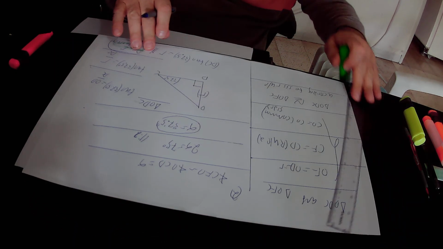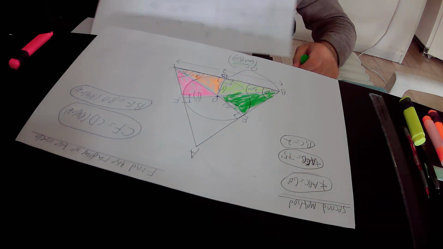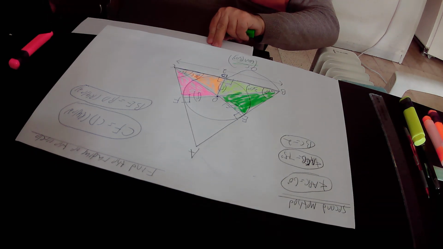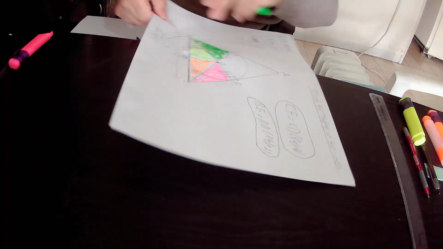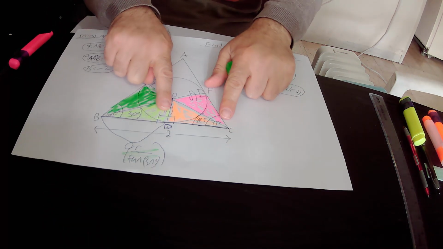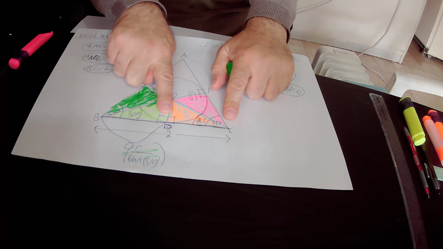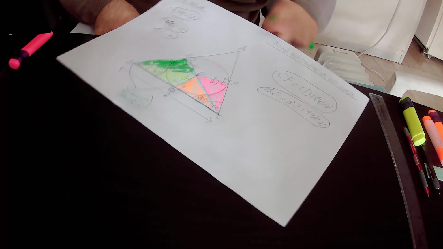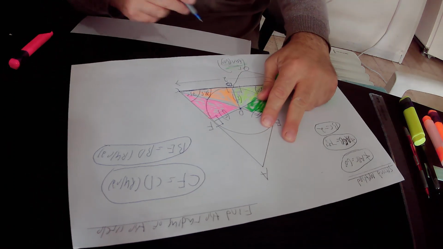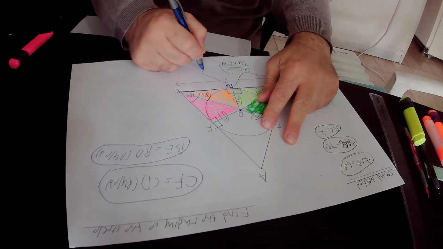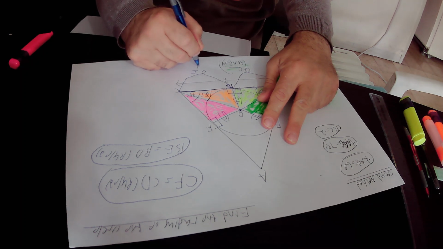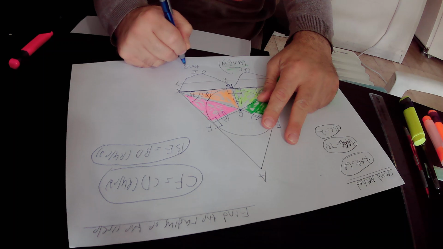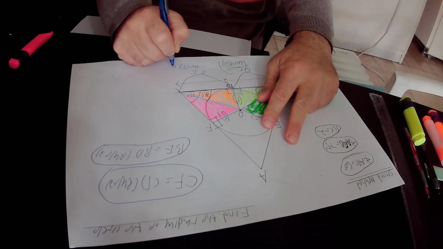So here, this side DC is equal to R over tangent 37.5 degrees. So I write it down in the drawing. This side DC equals R over tangent 37.5 degrees in its length.